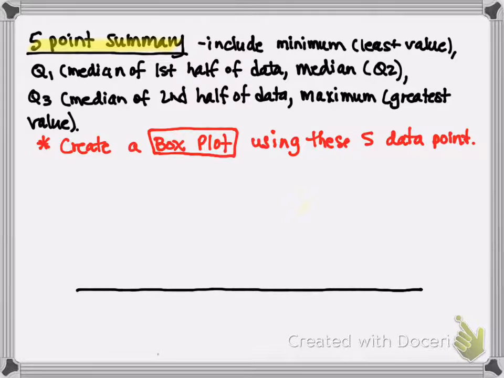So counting by ones is not going to be good. So I'm going to count by twos. So we'll have 24, 26, 28, 30, 32, 34, 36, 38, 40, 42, 44, 46, 48, 50, 52, 54.